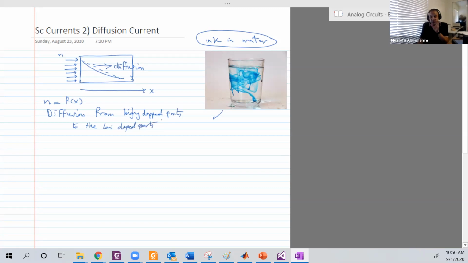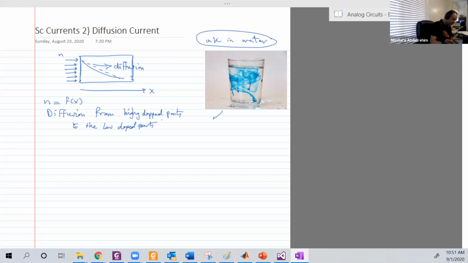And when you have a charge moving, then you have a current. Okay? So we can also create a current just by varying the doping density in the sample. If it's not uniform, you will have a diffusion current.